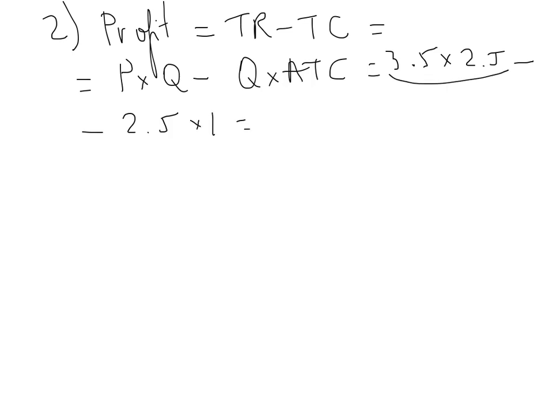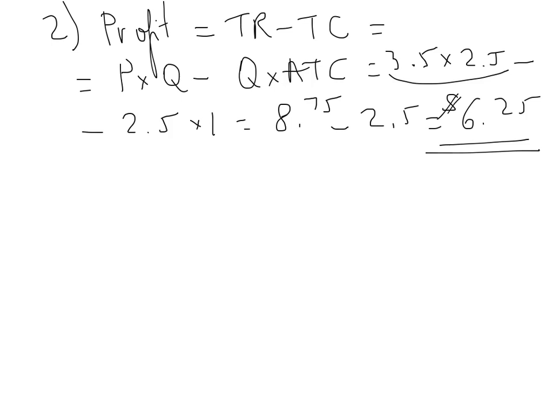So this one is going to be 3.5 times 2.5, that's going to be 8.75, minus 2.5. So I'm going to have my profit of 6.25. That's my profit, so keep in mind, profit for single price monopoly.